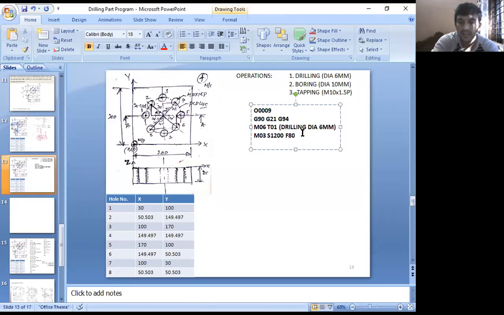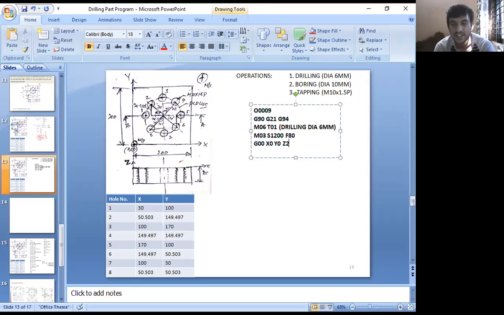For this, you give rapid traverse, X0, Y0, and Z always give a positive value of 2. Otherwise, if you give Z as 0, the cutting tool will touch the workpiece and may damage it. So always give 2 away from the workpiece, right?